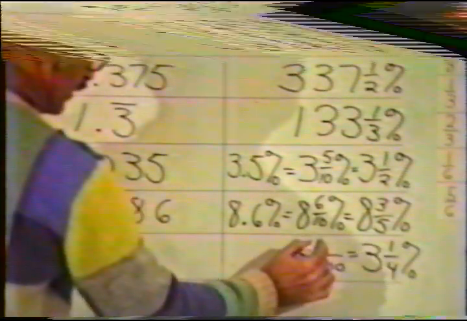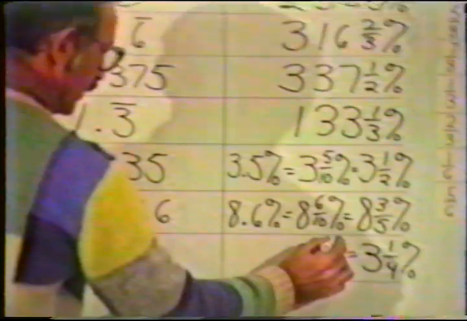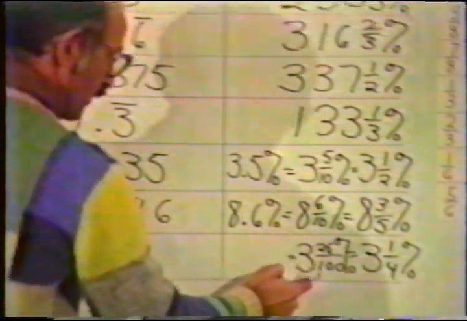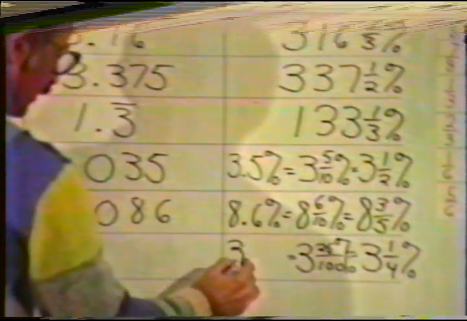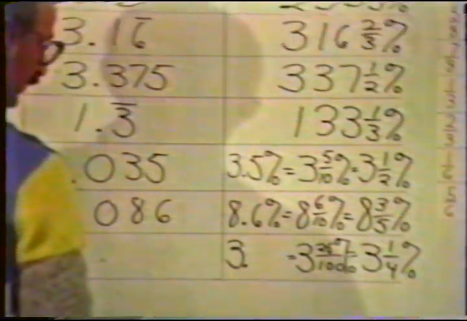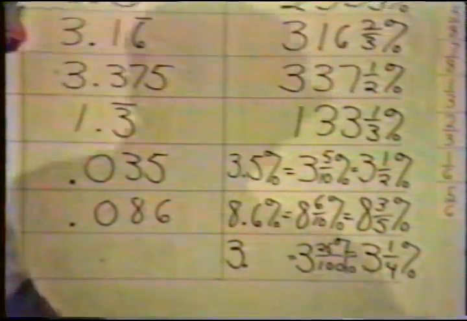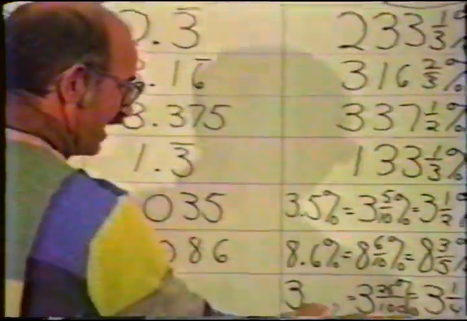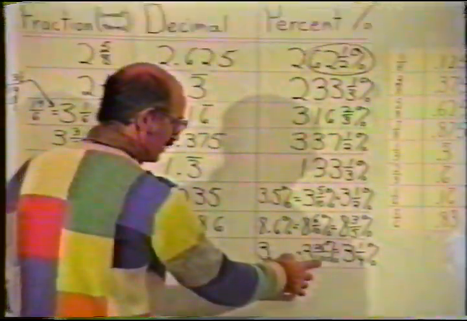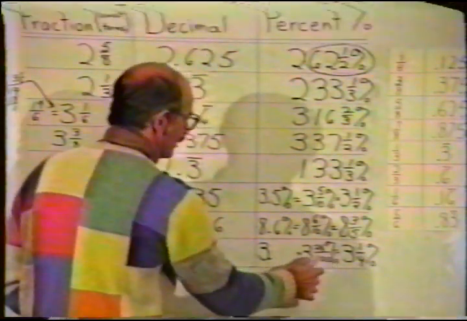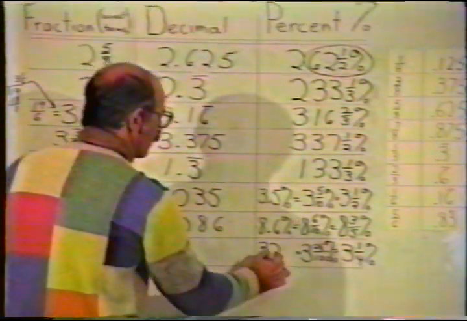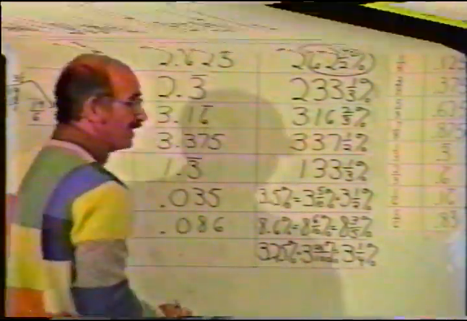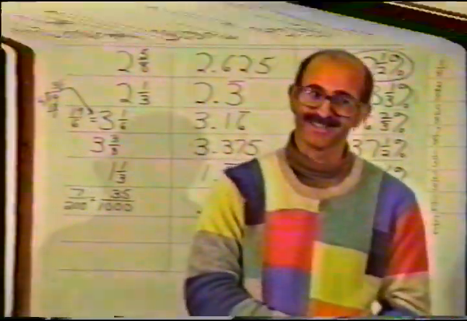Times 1 is 25, and it is still a percent. Read this number to me. 325. Yes, you've discovered that you haven't done it quite right. So let's start again. 3 25/100%. That's why these are extras for experts.